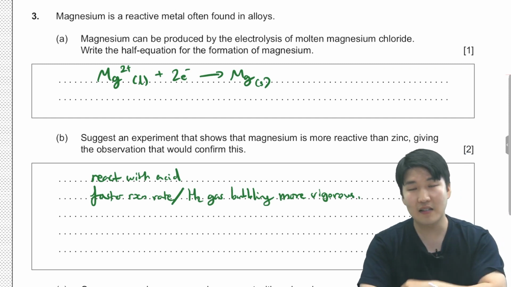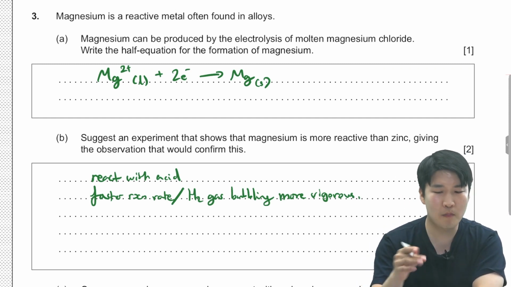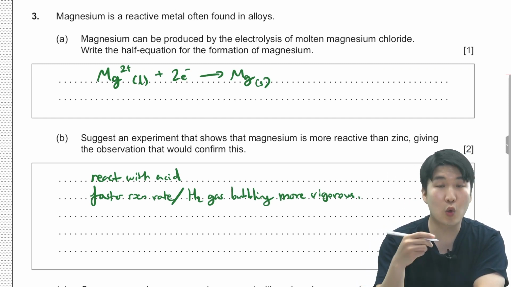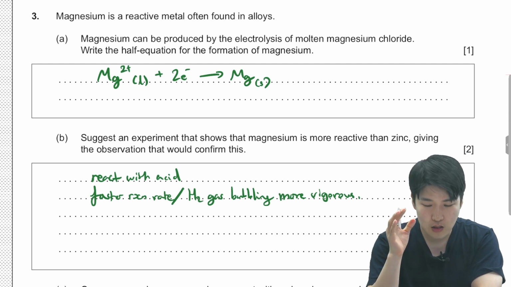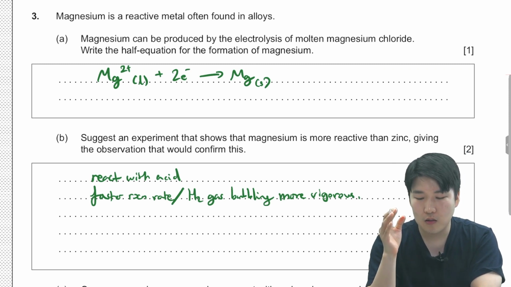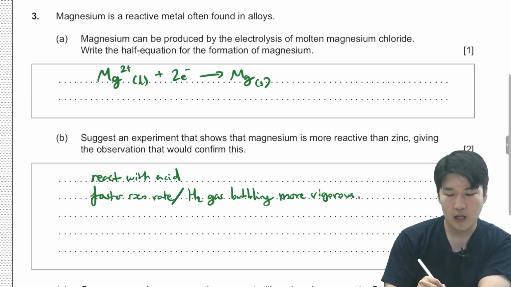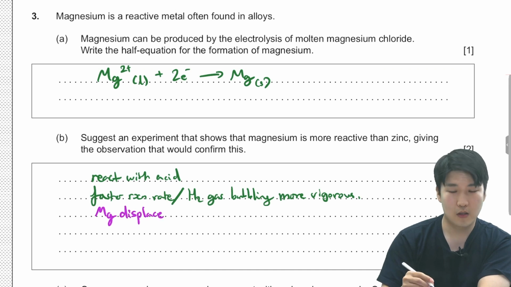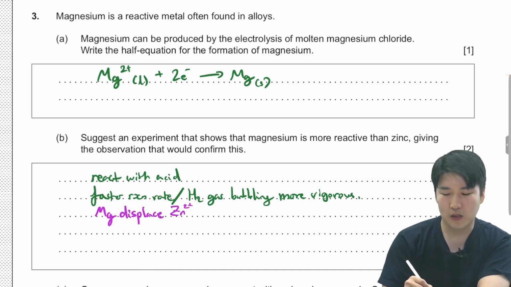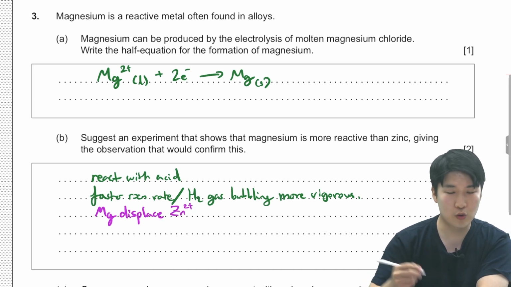Now that's one standard experiment, but you could talk about another. We could talk about zinc and magnesium displacement reaction. What if we have magnesium displace zinc 2 plus from its salt solution?